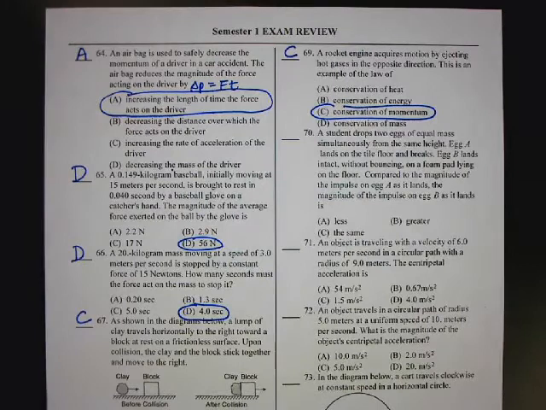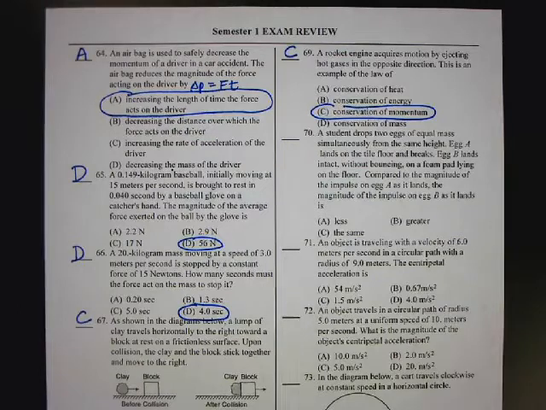Number 70, a student drops 2 eggs of equal mass simultaneously from the same height. Egg A lands on the tile floor and breaks. Egg B lands intact without bouncing on a foam pad lying on the floor.